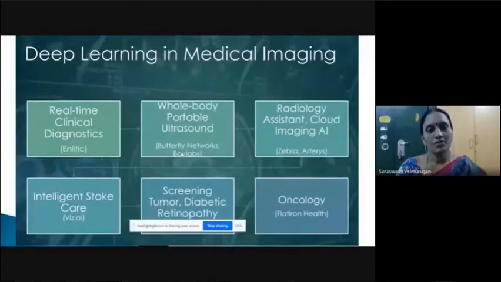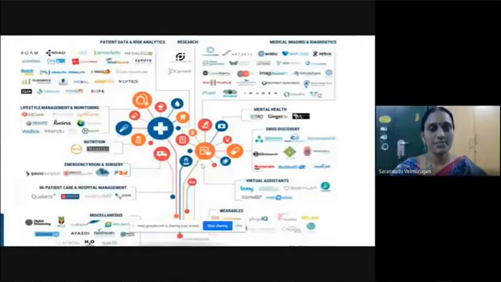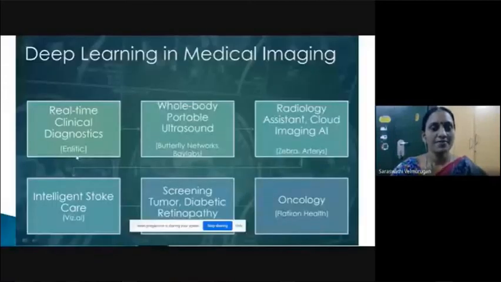Now, the part is deep learning in medical imaging. Yes, we'll see some of the startups that have worked in this particular area. Okay, I have just picked a few startups that work in the particular areas I have listed here. For example, Analytic is a startup company working with real-time clinical diagnostics.